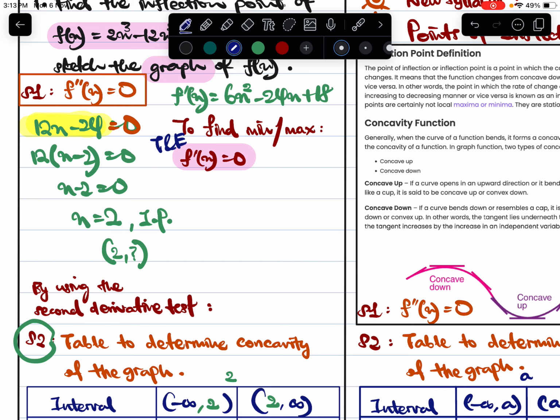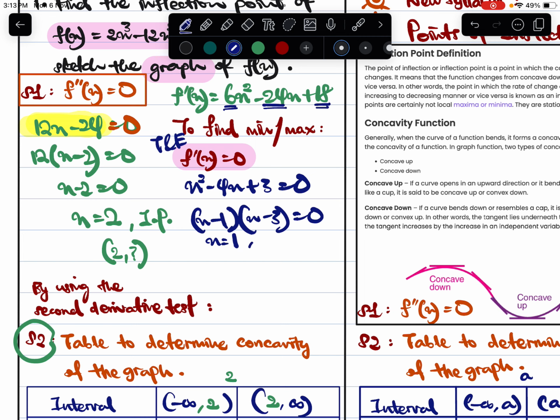So here goes. I factorize, I just simply divide everything here by 6 so that I get x squared minus 4x plus 3, and then make it equal to 0 in order to find the value of x. So this is my value of x: 1 and 3.